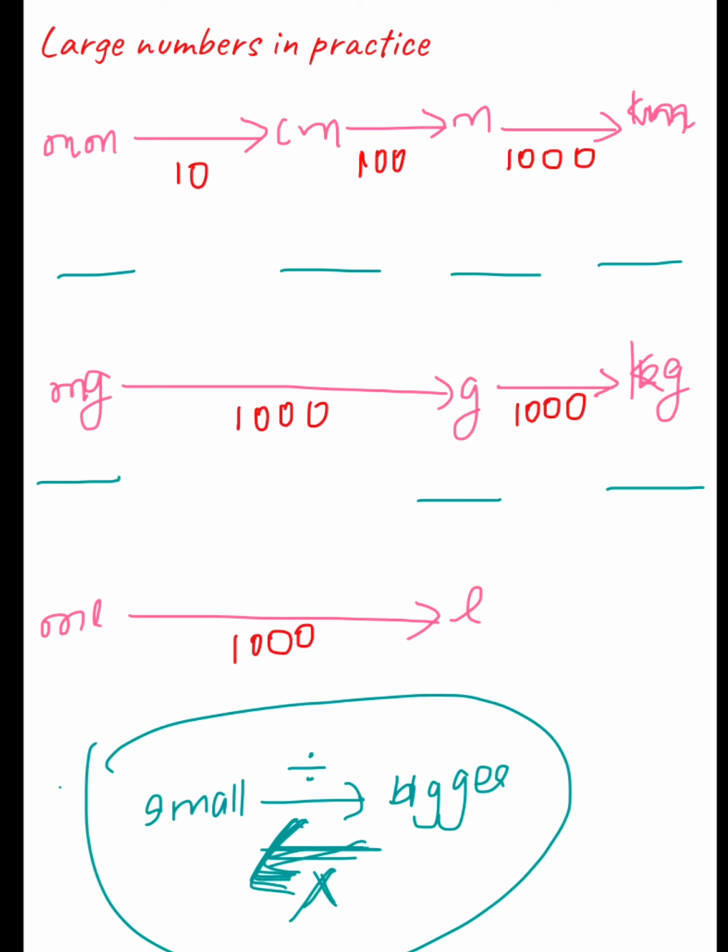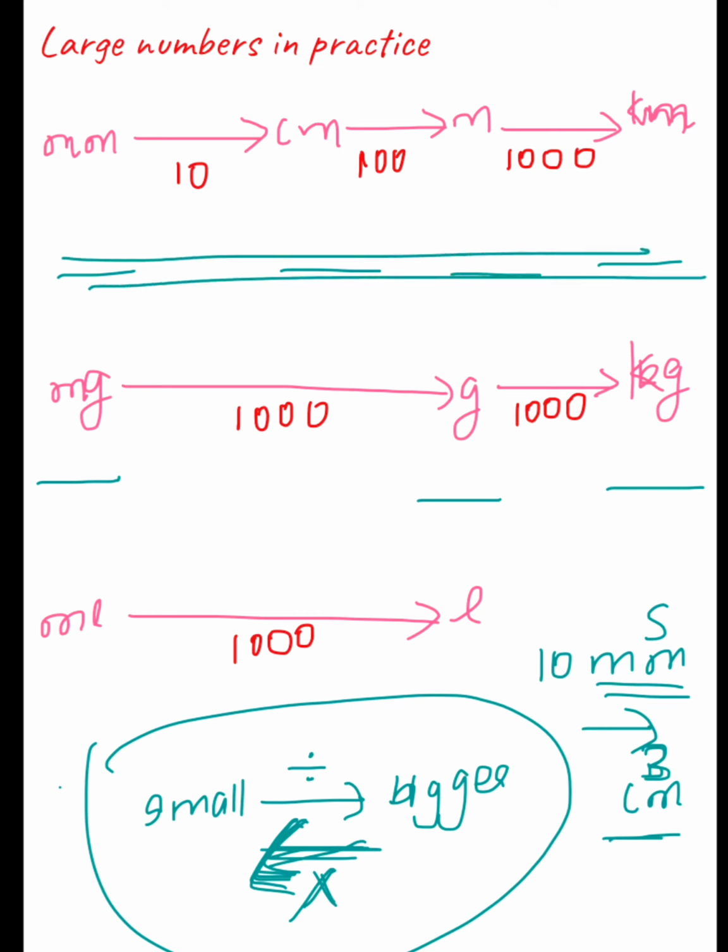Suppose you are asked to convert 10 millimeter to centimeter. Here millimeter is the smaller one and centimeter is the bigger one. So you are asked to convert small to big, which means you have to divide. Divide by what? You need to see this chart.